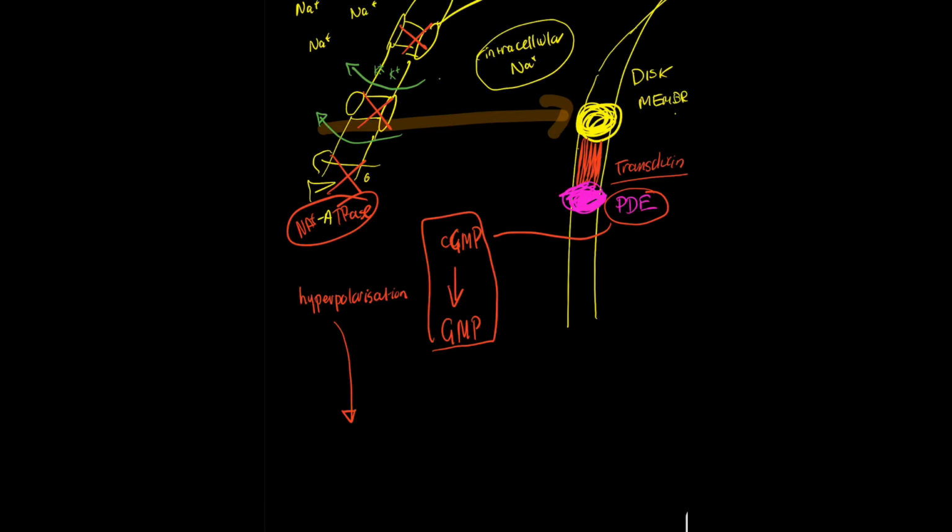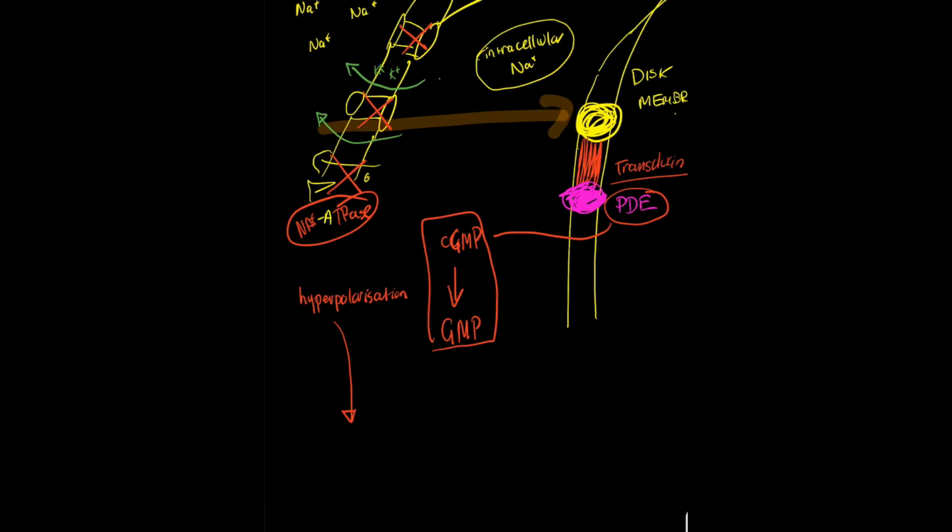We need to have a lower amount of charge in the cell. The intracellular membrane has to become negative relative to the outside, and not just more negative, but really negative. It has to be hyperpolarized. And in that situation, that's enough to set off the process and start generating an action potential which goes to the brain.